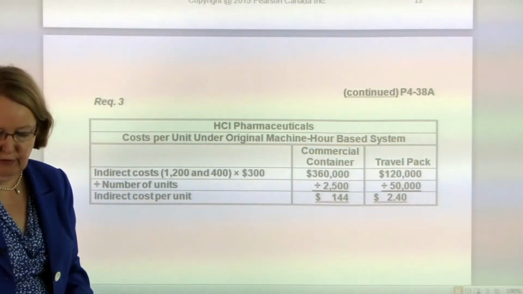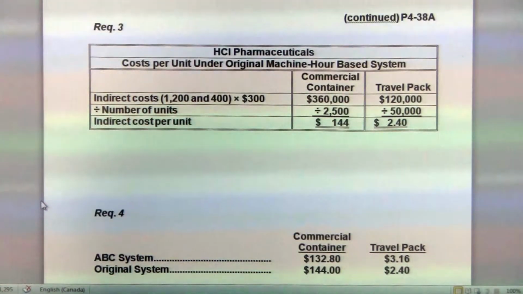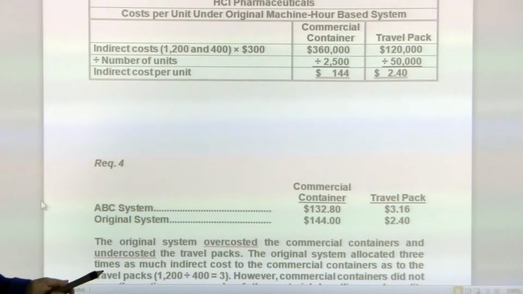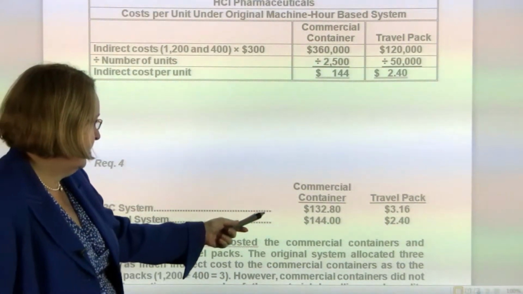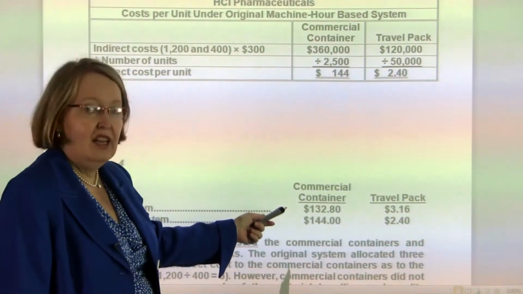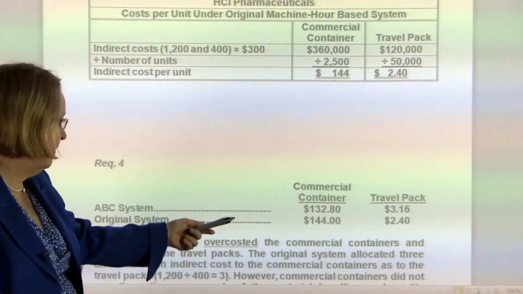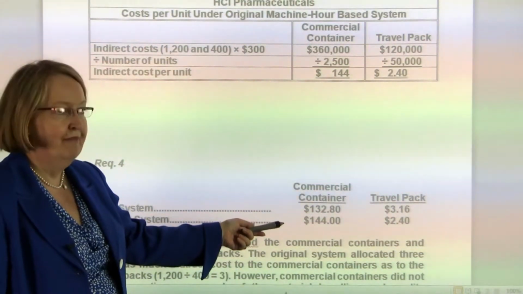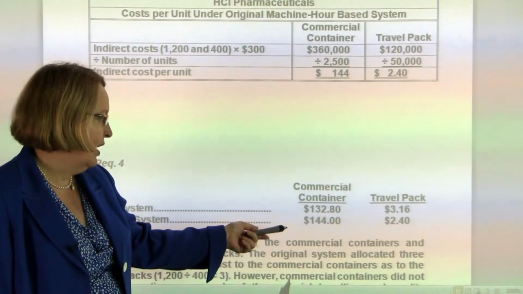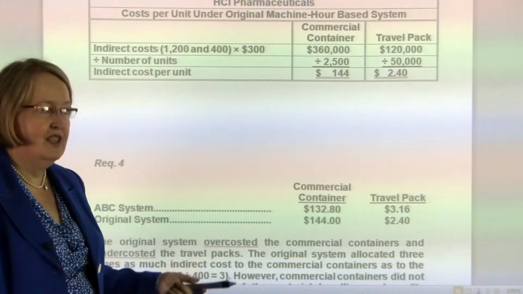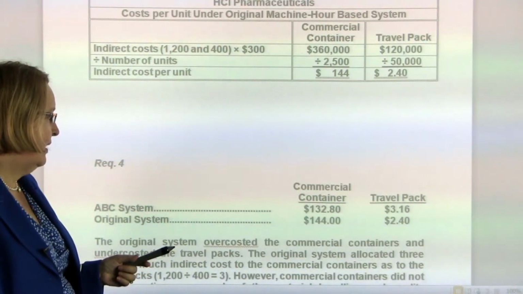So we do have quite a bit of difference there, and when you look at it, you can see that under ABC, the commercial was allocated $132.80 in overhead, whereas the original one rate system would have given you 144. So you've really overstated your overhead for the commercial product.